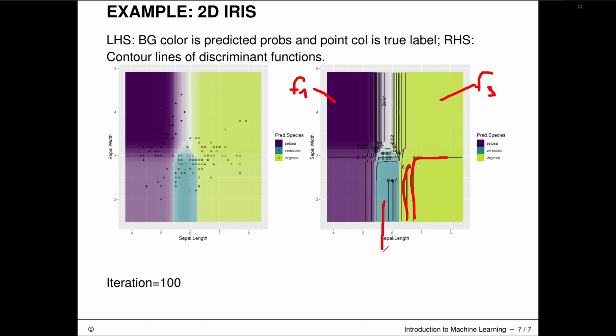And that's probably then F2. I chose my numbering like that. And on the right-hand side, you can see how the posterior probabilities develop, and that at the end, after maybe 100 iterations, we get a pretty nice, somewhat calm and smooth posterior probability landscape for this really simple 2D version of iris.